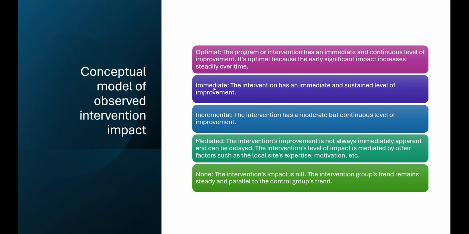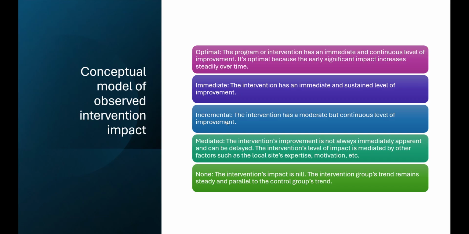Next, we have immediate impact. The intervention has an immediate and sustained level of improvement. So we get our impact right away, but it may stay at a steady level. So it doesn't continue over time, but we do see impact right away. That maintains a sustained level.